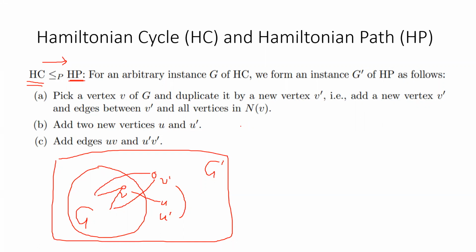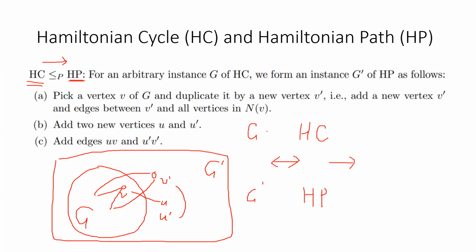And next, what we need to prove is that if G has a Hamiltonian cycle, then G prime will have a Hamiltonian path, and also vice versa. So let's first see this direction.